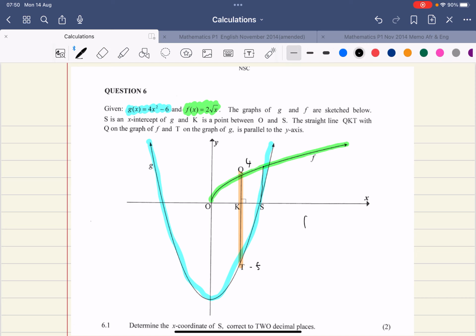If f of x is equal to y, meaning the function f in terms of x gives a value y at any point, for f of x as well as g of x, let me just write this properly.